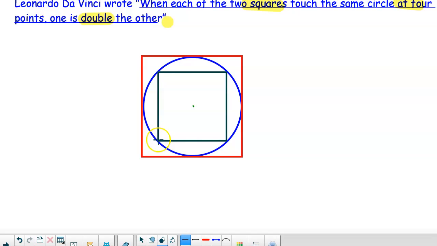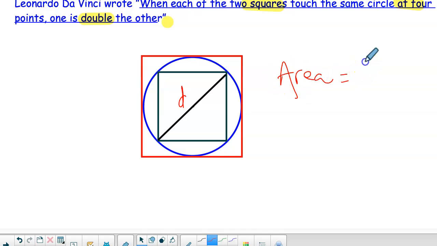Now let me draw a diagonal to that smaller square, and I'll write it down here. This is the diagonal. Okay, so the area of this smaller square is equal to 1/2 the square of the diagonal, that is d square.